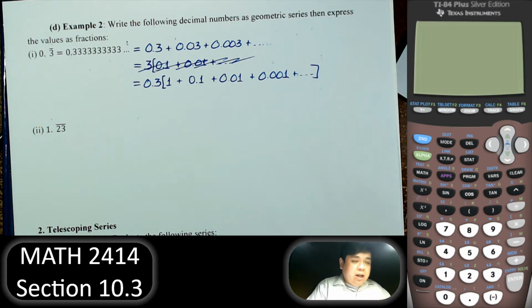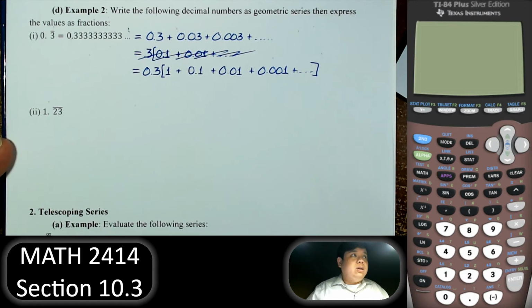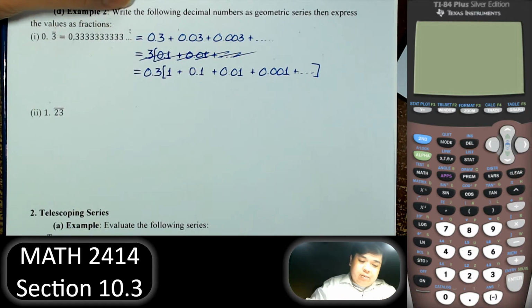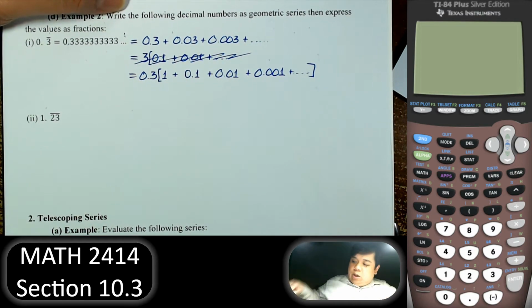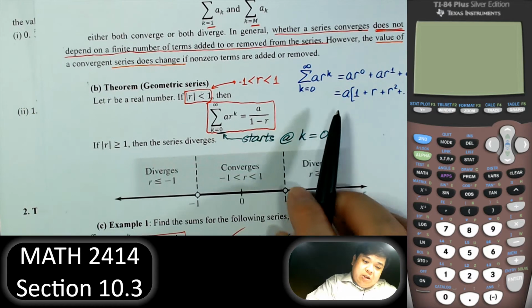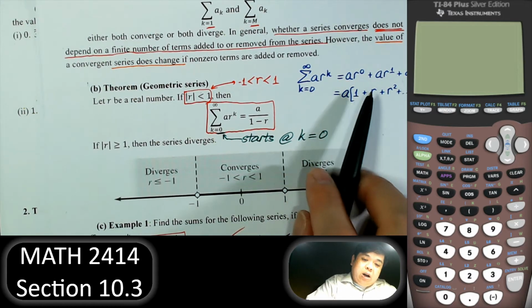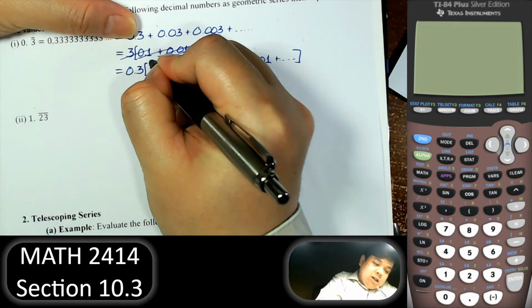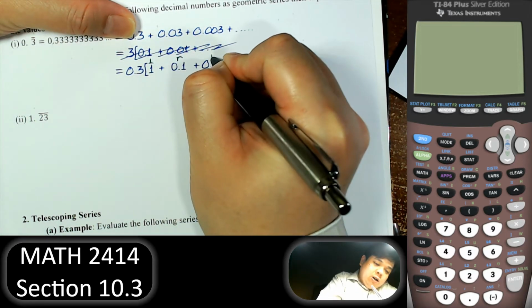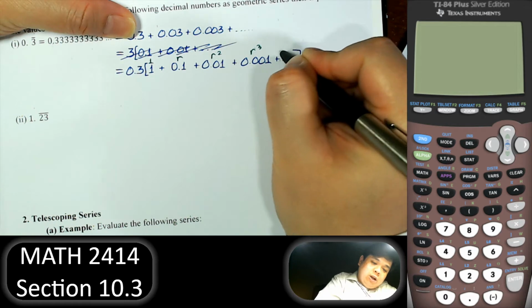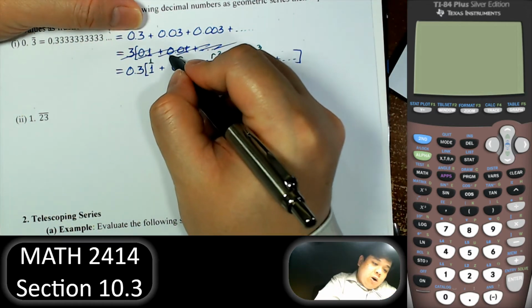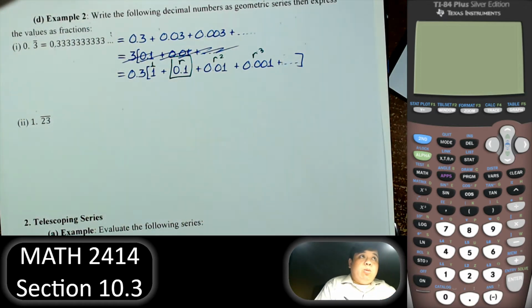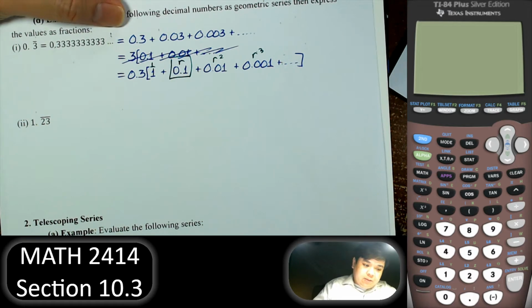Right? Now, how does that help? According to this form of the geometric series, we're going to have 1, r, r squared, and r to the n. So if this is r to the 1, this is 1, r squared, r cubed, and so on. So because of that, r is 0.1 and a is 0.3.